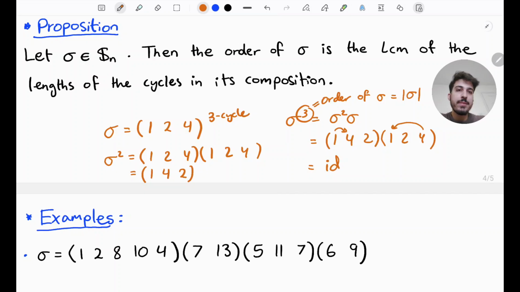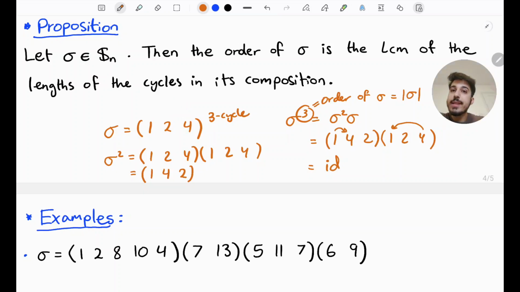Because notice that sigma sends 1 to 2. Sigma squared sends 1 to 4. Sigma to the 3rd power sends 1 to itself. So with each power of sigma, we are increasing the number of steps that 1 jumps to. Okay? So how many steps does it take so that it jumps back to itself? It takes exactly 3 steps.